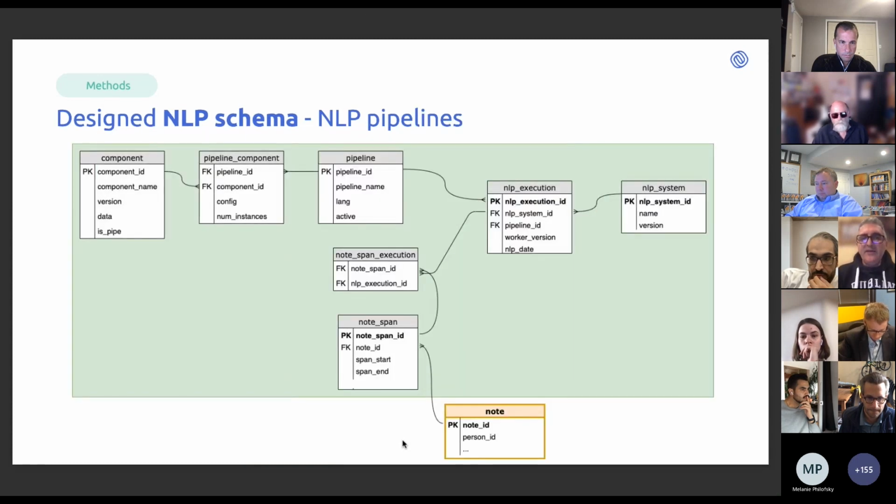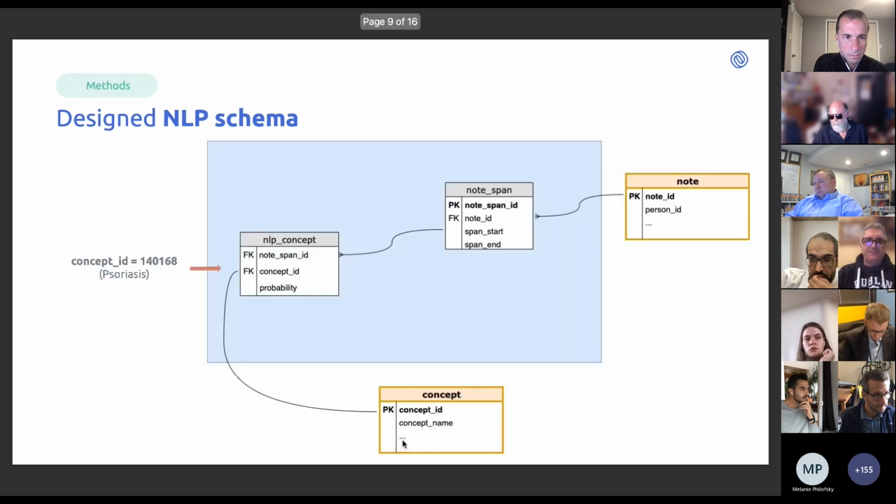Then, as I said, we have a set of tables to capture the complexity, the versions, and the steps of the pipeline that has been applied for the extraction of the entities, to ensure that we can trace back how the information was obtained.